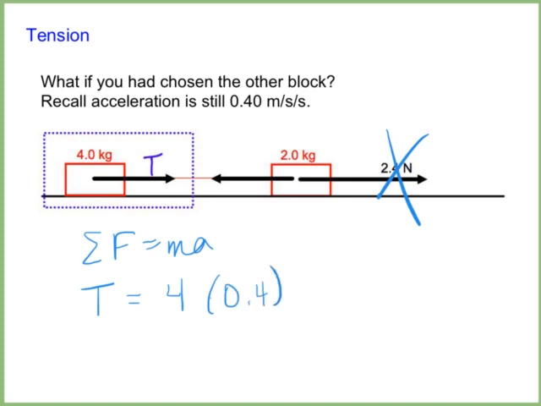That I found looking at the whole system, and it continues to be useful throughout the whole problem. Notice again that the tension comes out to be 1.6 newtons. So whether I look at the 2 kilogram block or the 4 kilogram block, I get the same value of tension through my calculations.